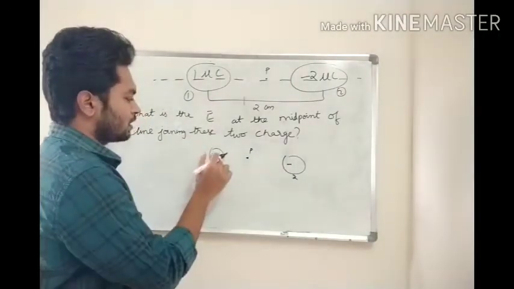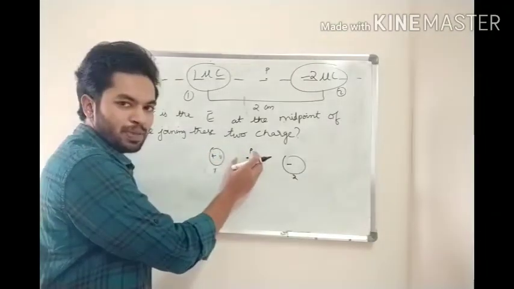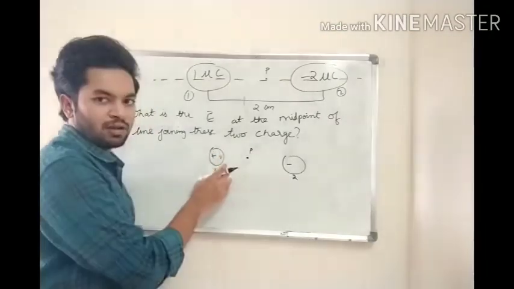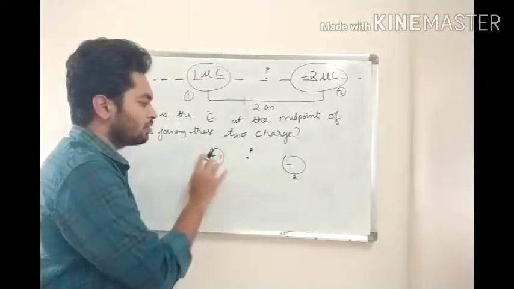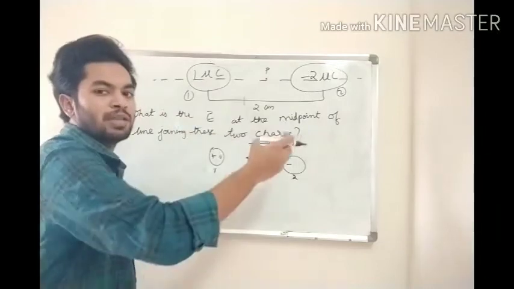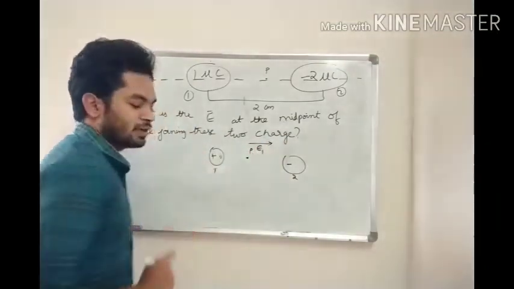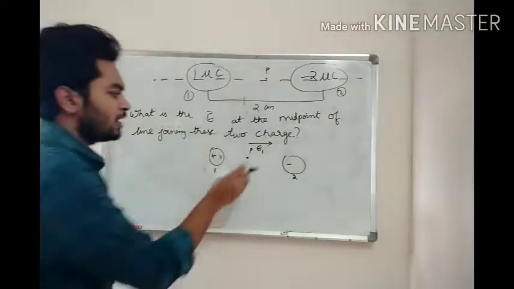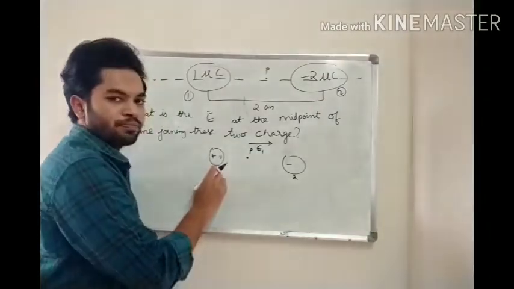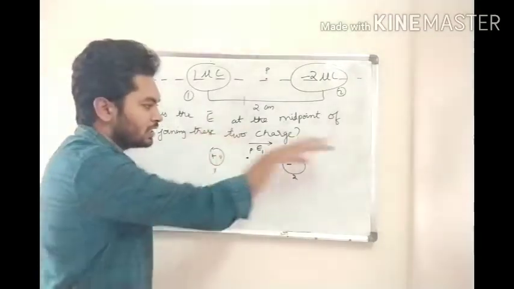So the field at P due to 1 is in this direction, because both are positive. They repel each other, so it moves away. You can write this as E1. Clear? The field at P due to 1 is away from 1, so it is repelling.